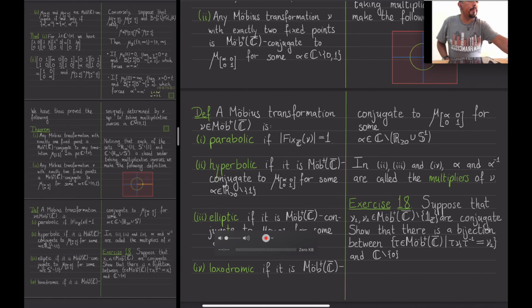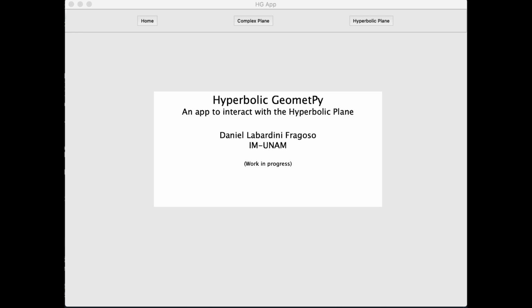Some examples. Remember the notion of a loxodrome, which we defined to be a certain type of curve that connects 0 with infinity.